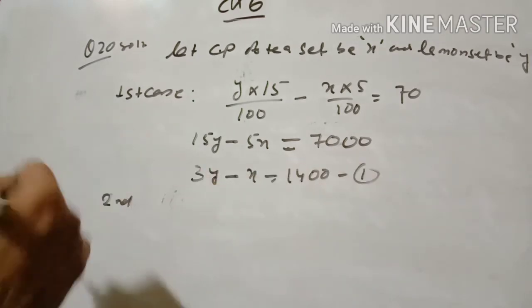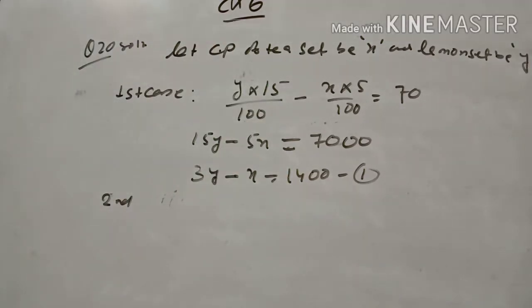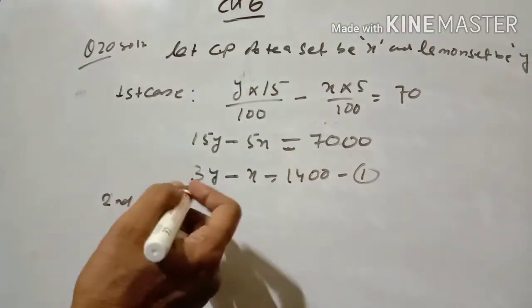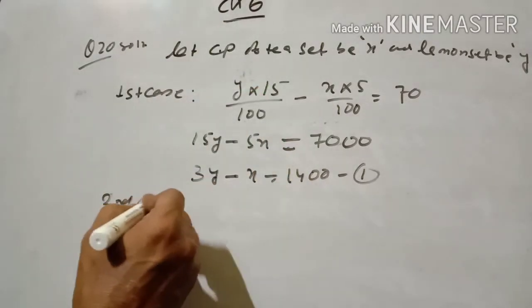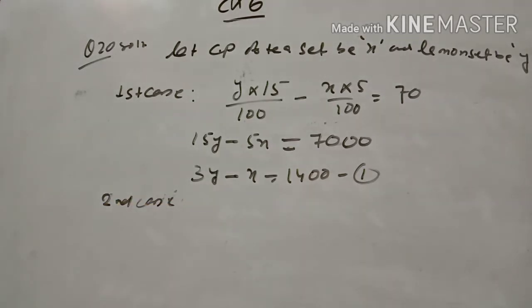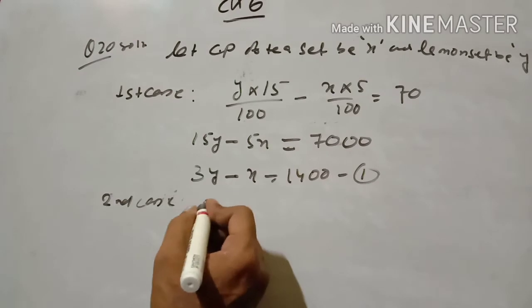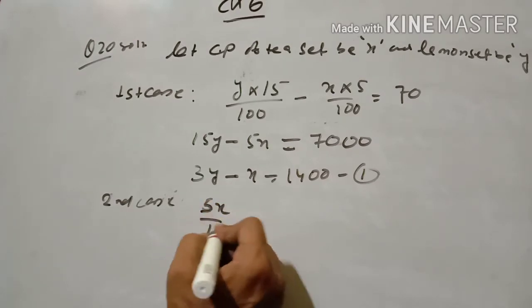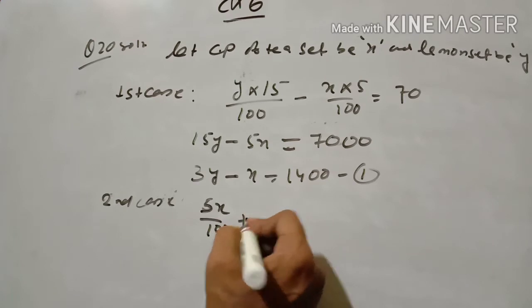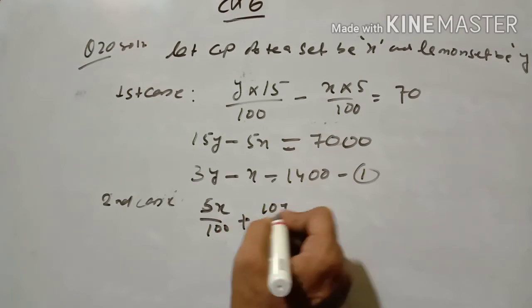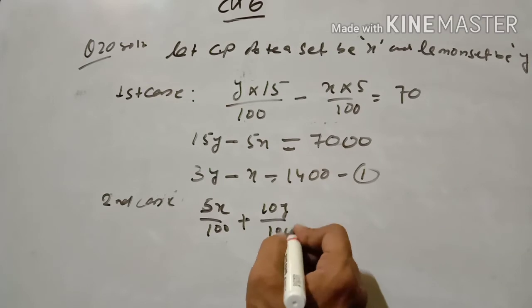Second case, it is given: if he sells the tea set at 5% gain and the lemon set at 10% gain. The first one was a loss, so I took that first. So second case, it is given 5x by 100 plus 10y by 100 according to the condition.